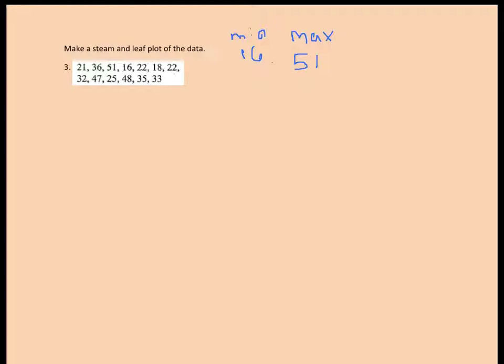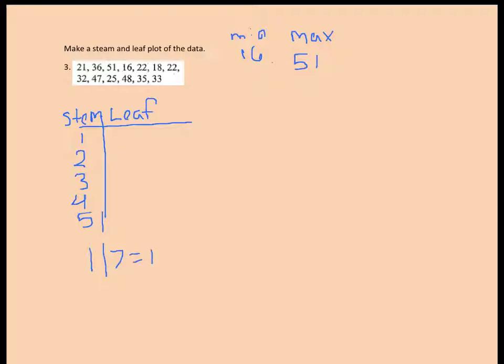So I need to go from 1 to 5. Stem, leaf, 1, 2, 3, 4, 5. And 1 line 7 equals 17. There's our key.